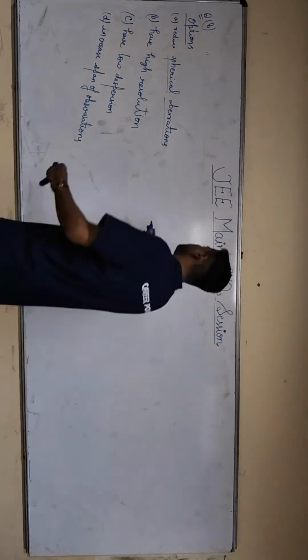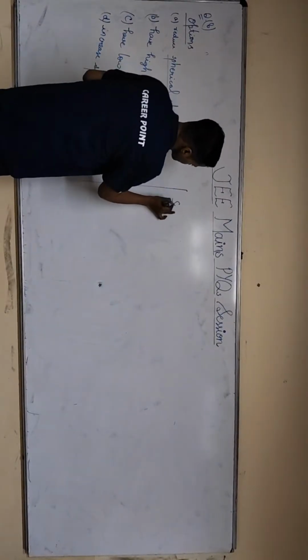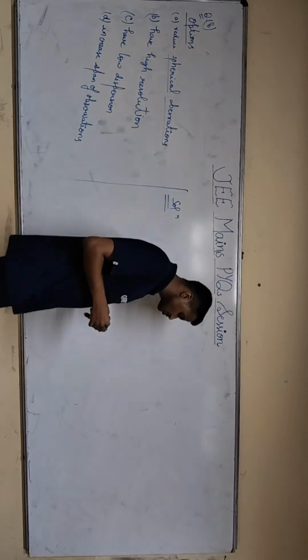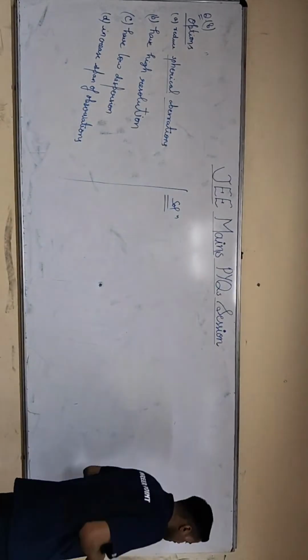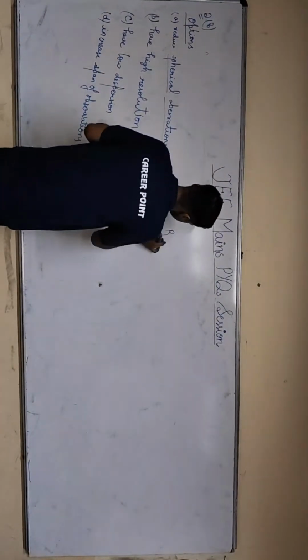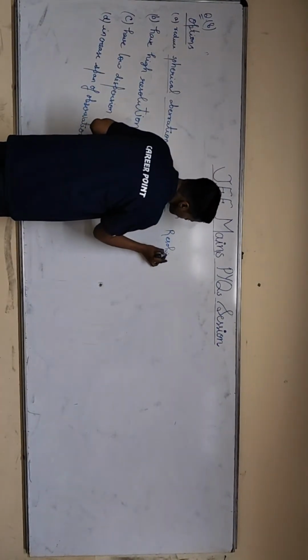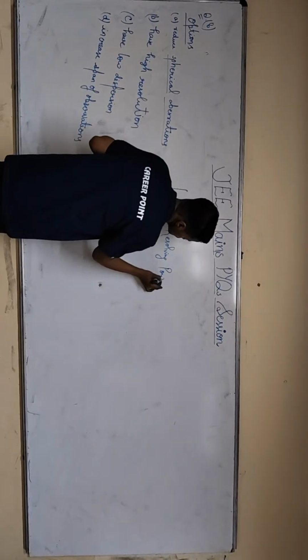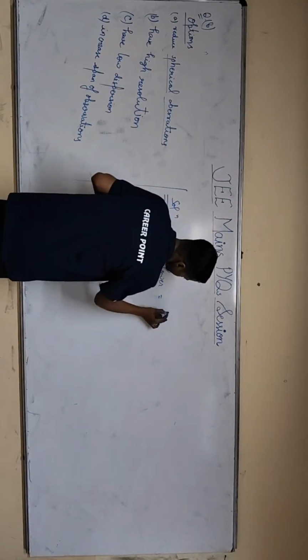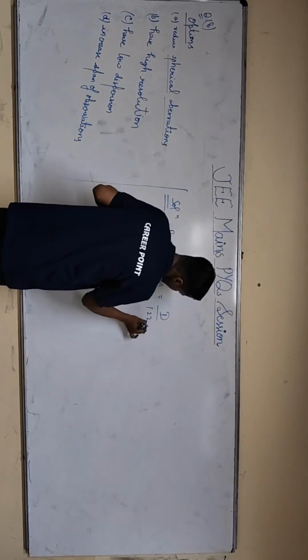So as you know very well, the resolving power of a telescope, RT, is equal to D upon 1.22 lambda.